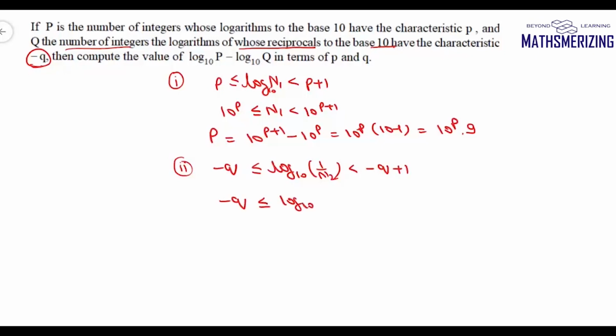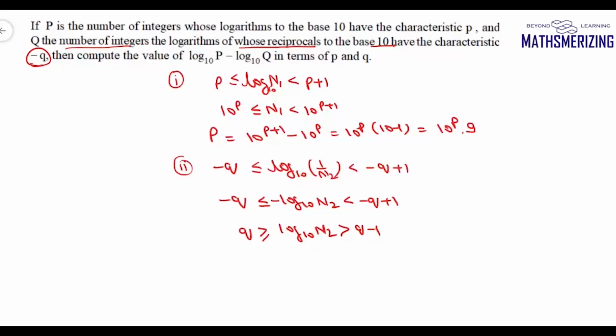Now 1 upon n2 is n2 to the power minus 1, and I can take minus 1 out. So this is minus log n2, and this is minus q plus 1. If I multiply with the negative number, then the sign of inequality reverses. So this is q, and this is n2, and this is greater than q minus 1.